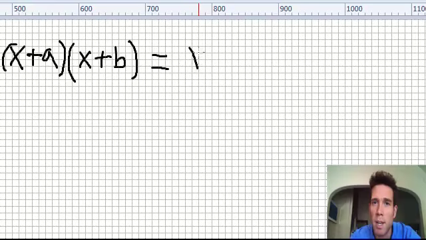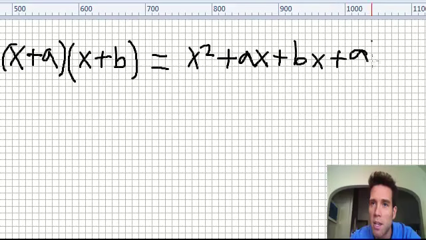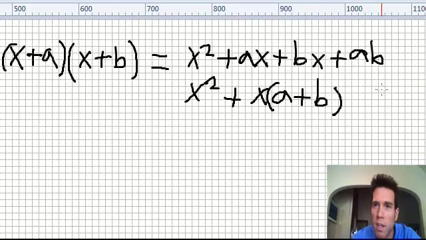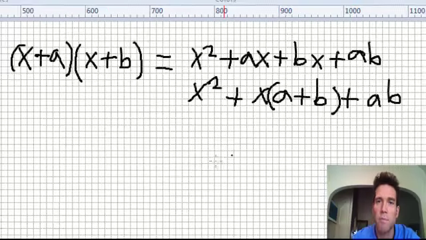So when we do that, we get x squared plus ax plus bx plus a times b. And we can factor out an x out of these two middle terms because it's common, so we would have x squared plus x times a plus b, plus a times b.